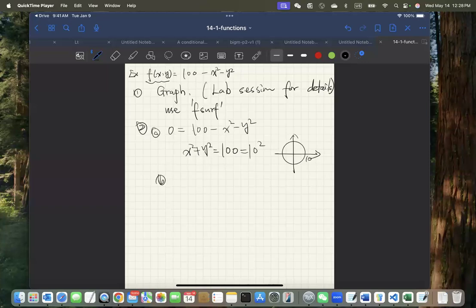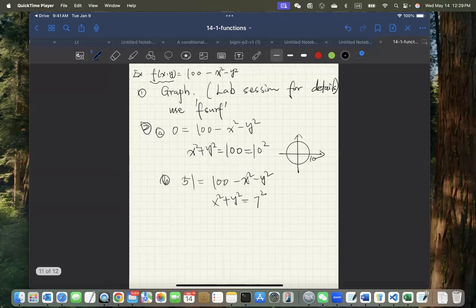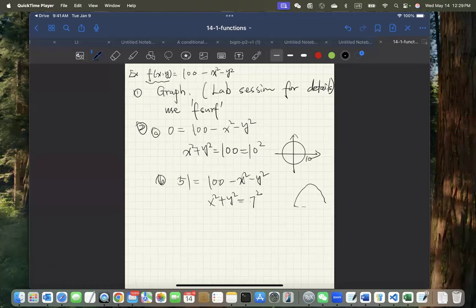And if you have 51, then 100 minus x squared minus y squared equals 51, which means x squared plus y squared is 49, that is 7 squared. It is a smaller circle. We can think of it as, if this is the mountain, this is the zero level curve, and this is the 51 level curve.